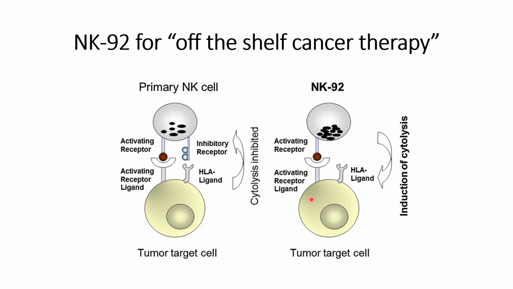However, what has been found in the NK-92 cells is that they are almost devoid of most of these inhibitory receptors.